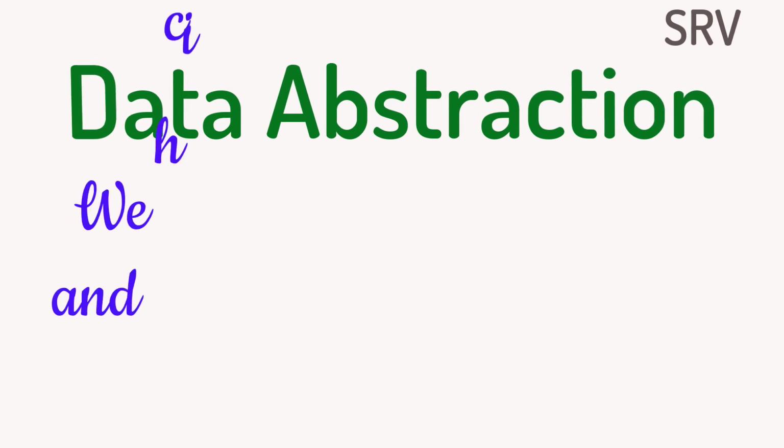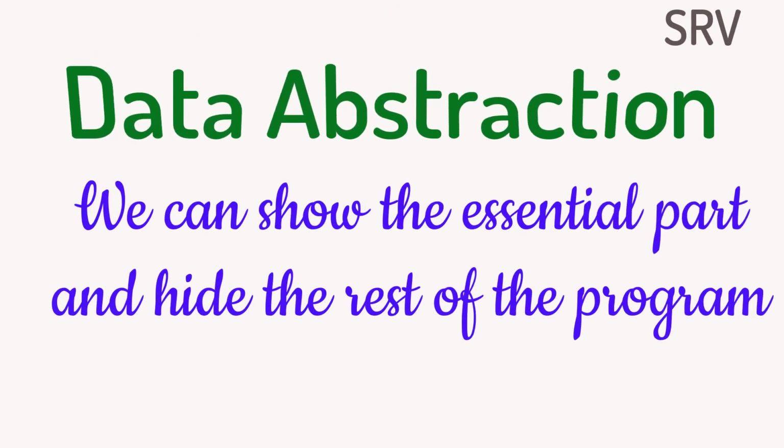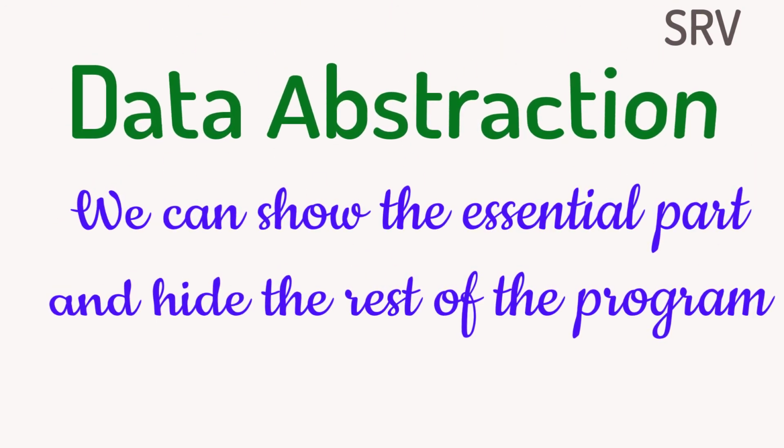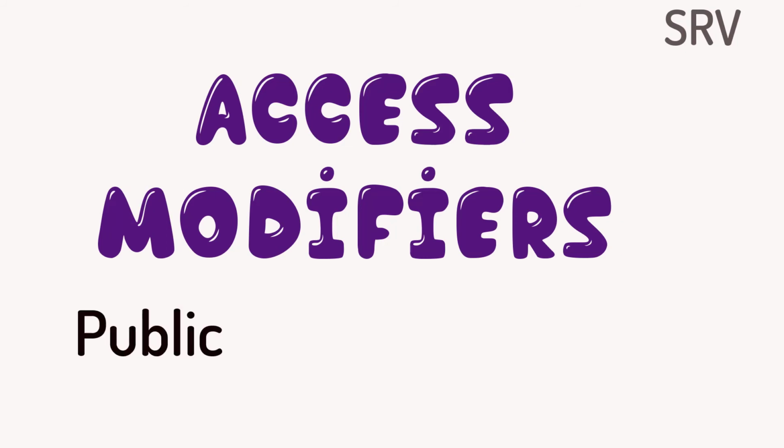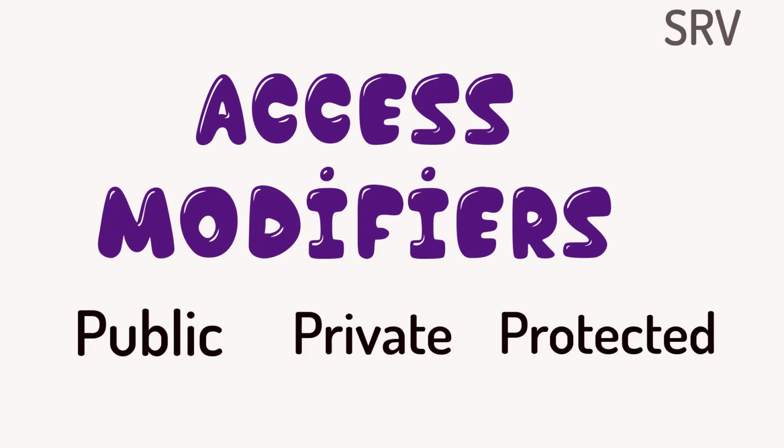That is, we can show only the essential part and hide the rest of the program. This can be done through access modifiers. Do you remember these access modifiers? Can you tell what all access modifiers there are? The access modifiers are public, private and protected. Hope you remember that we studied in 11th standard.